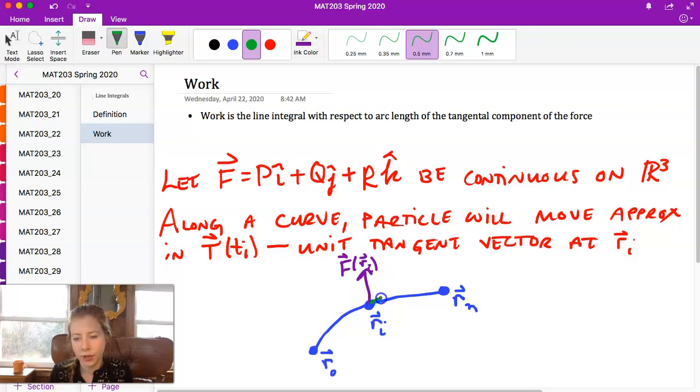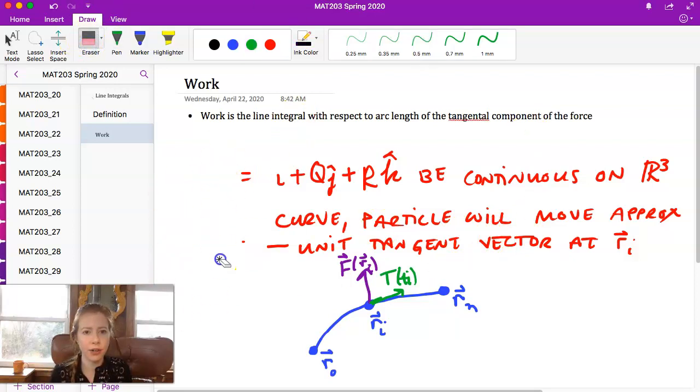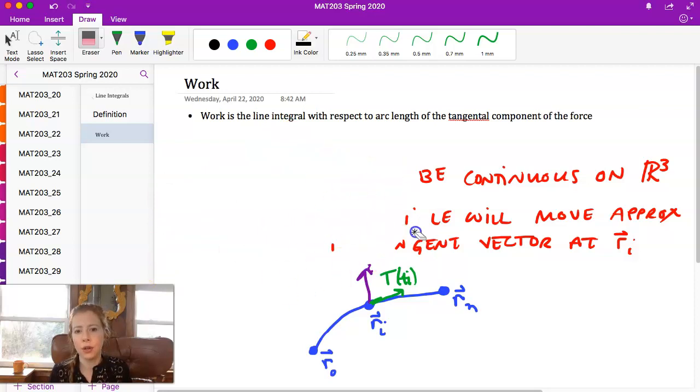So it's the unit tangent to the vector at the position. It'll be like that, and that'll be the path of motion. Okay? So I'm going to erase this so we can get into our definition of work now.